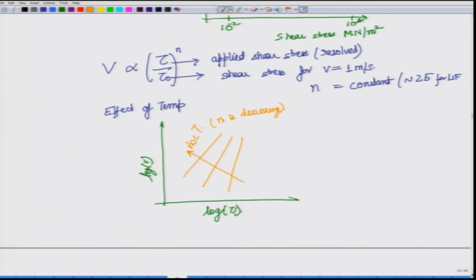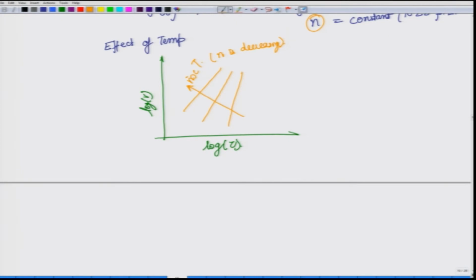So, temperature has the largest influence on this parameter n, and hence influences the overall velocity of the material.